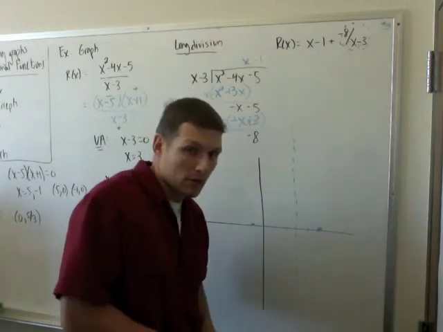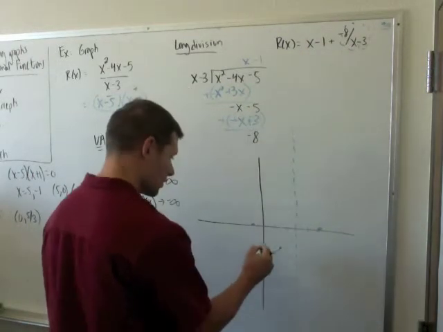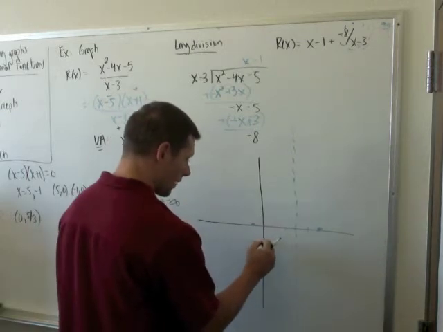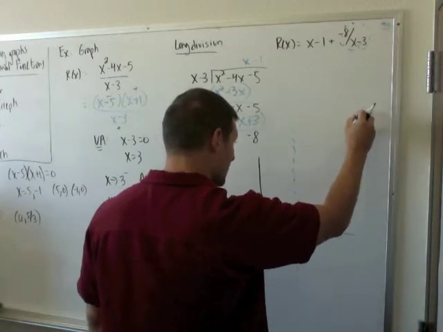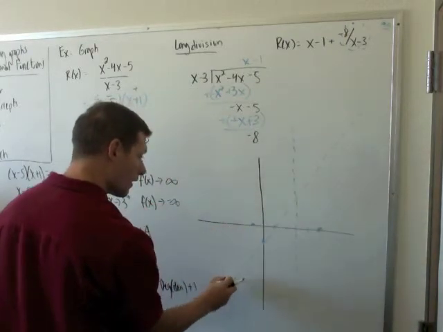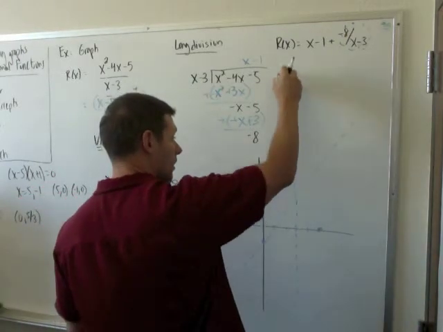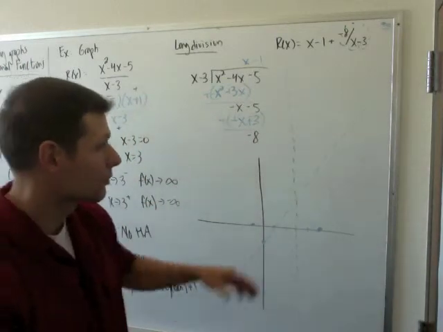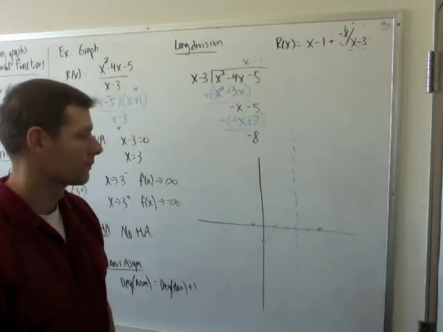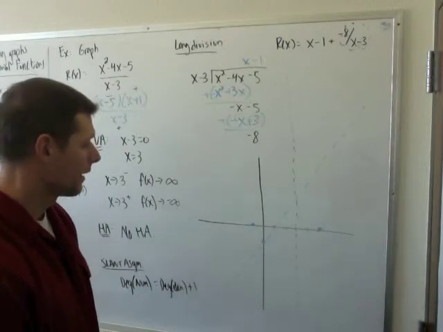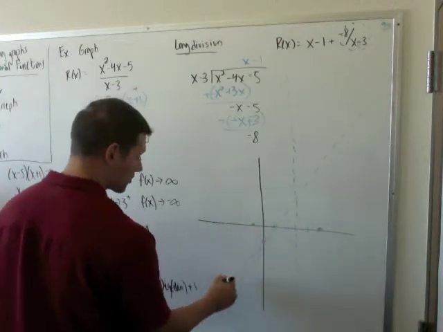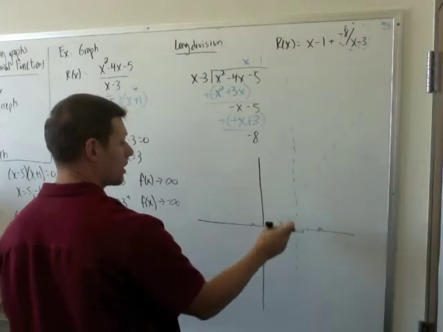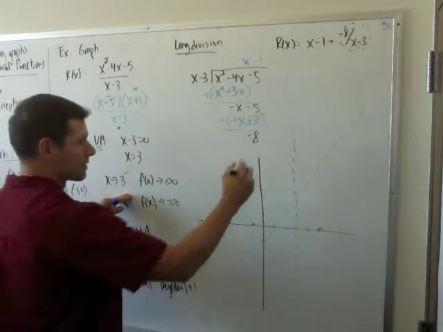Do you know how to graph y equals x minus 1? Yes, you do. Y-intercept there, right? Up 1 over 1. So I have a slant asymptote right here. Eventually I'm going to approach and look like that. Now, as x approaches 3 from the left, we go to positive infinity.